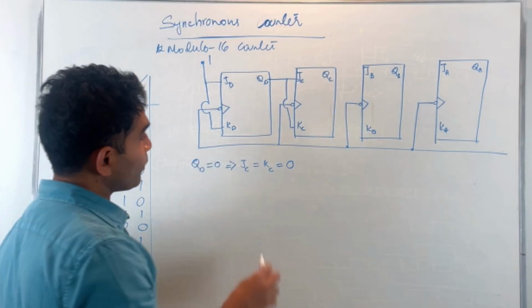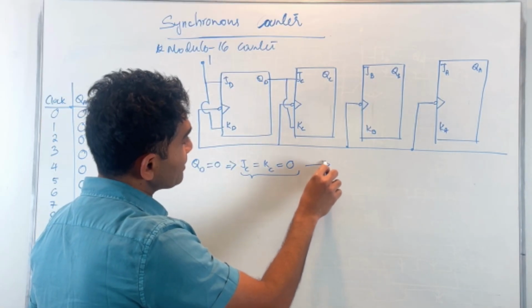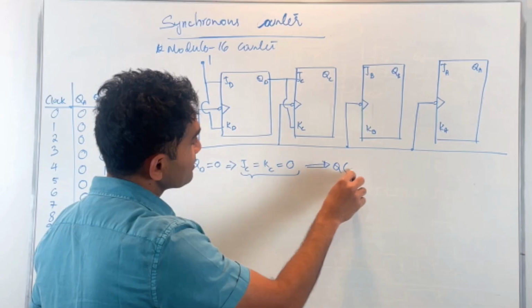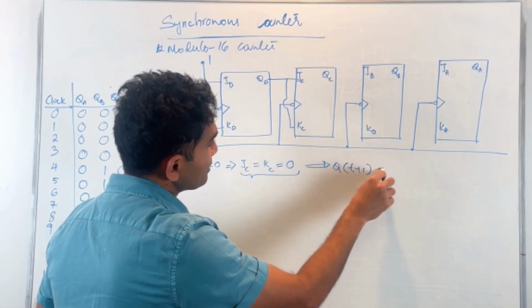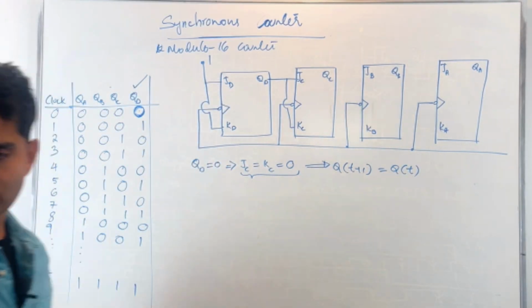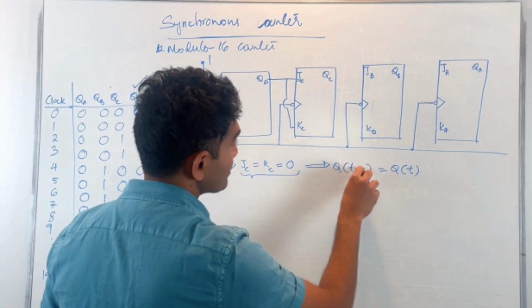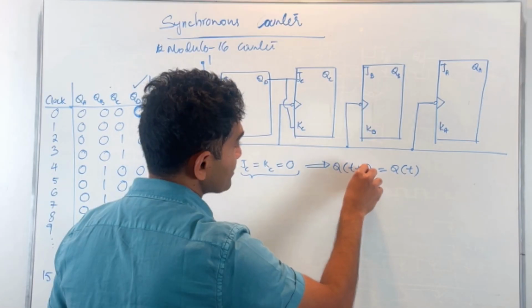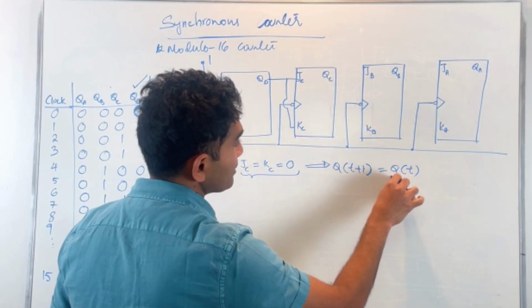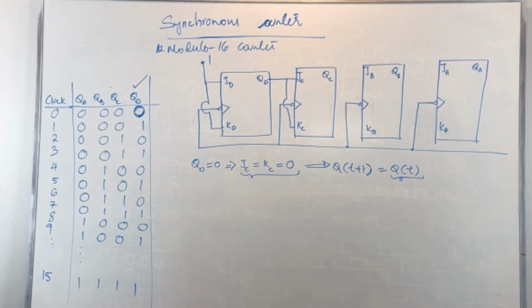And for a flip-flop, when I apply JC and KC to be 0, that implies once it's triggered, the same value remains, right? That's called the memory state. Once the flip-flop is triggered, that means Qt+1, the output is same as the previous output. That's the memory state. Okay?